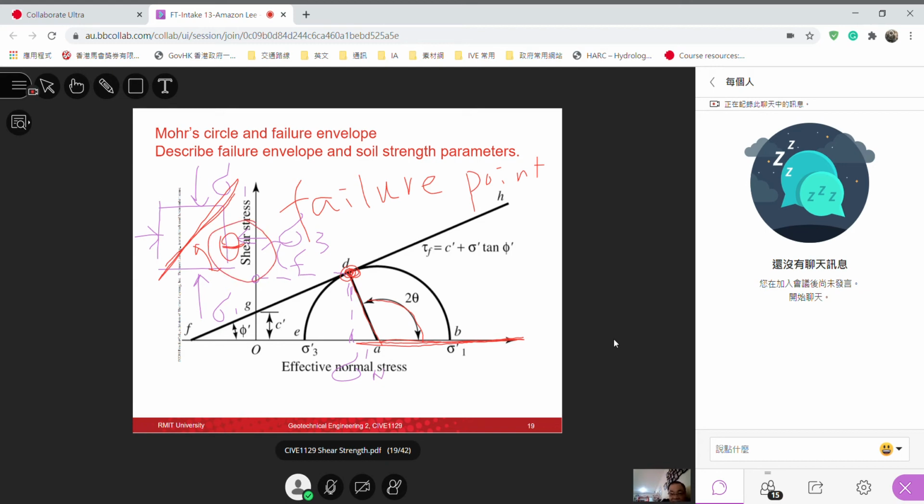This theta is related to this 2 theta. Okay. Here, this angle is 2 times the value of if we plot it in the soil element, this theta. They are related. Okay. In Mohr circle, it's 2 theta. In the actual soil element, it's theta. Okay. Now, this is the potential failure plane.